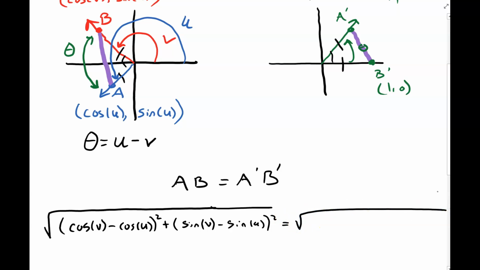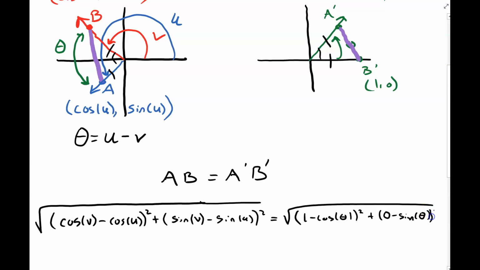And then for A prime B prime, we have 1 minus cosine theta squared plus 0 minus sine theta squared. Everybody okay there?